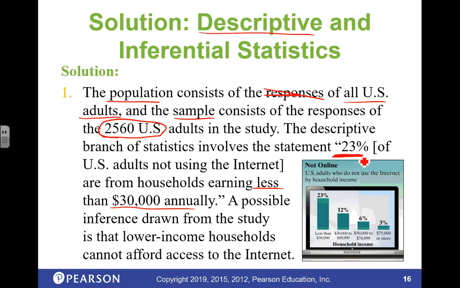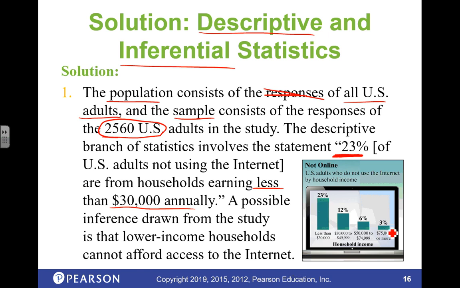We've done a calculation that describes the data, but we can also infer something about our population or about what is happening here. So it says a possible inference drawn from the study is that lower income households cannot afford access to the internet, which is a very real issue that we have.